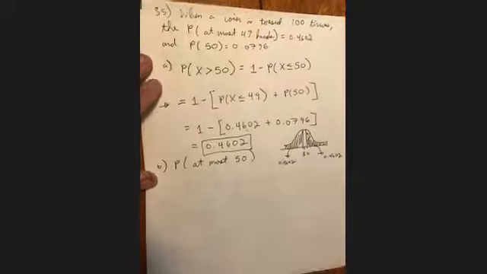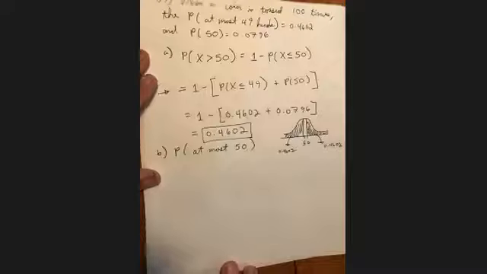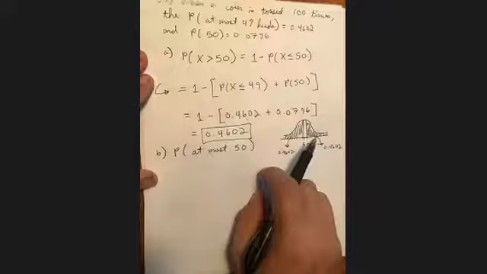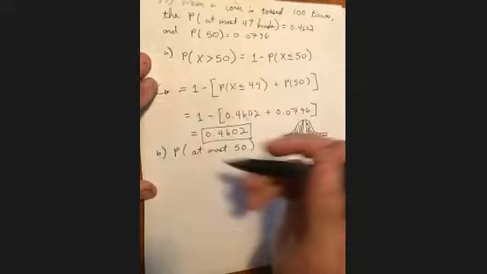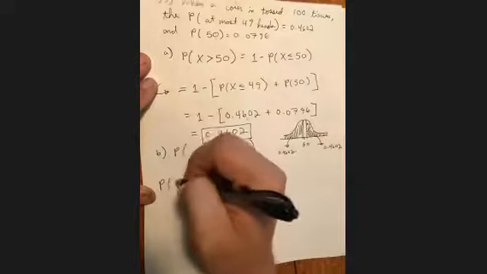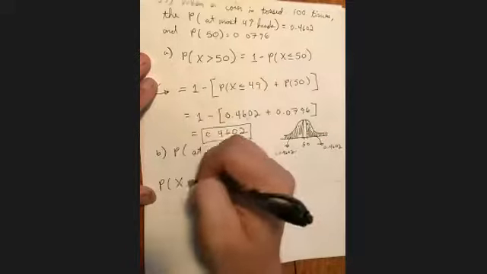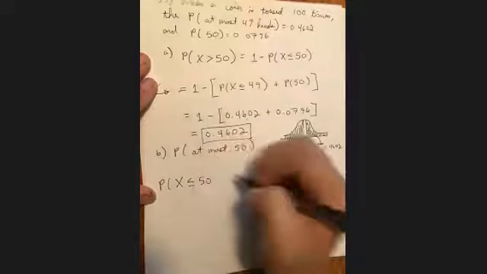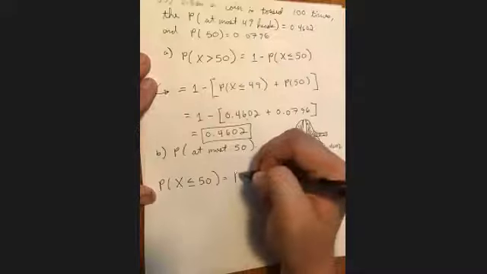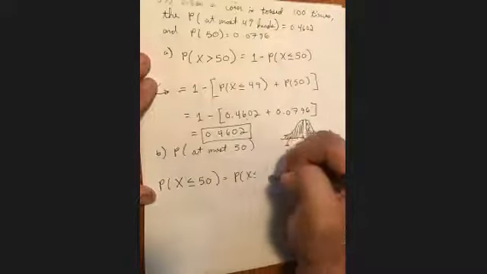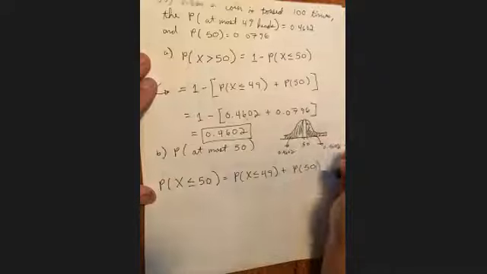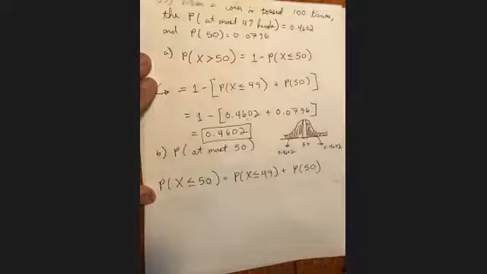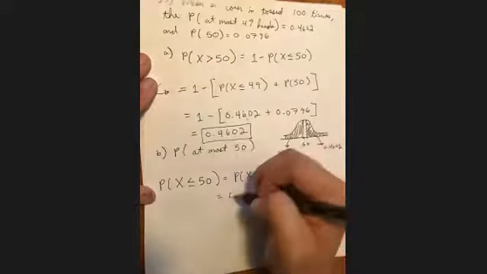All right. Part B of this problem says, what's the probability of at most 50? Well, we sort of already went over how to compute that. So the probability of at most 50 is the probability of x less than or equal to 50, which we know is the probability of x less than or equal to 49 plus the probability of 50. And these, again, are numbers that we were given.